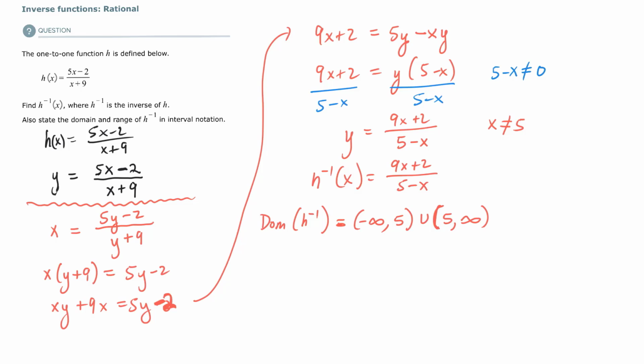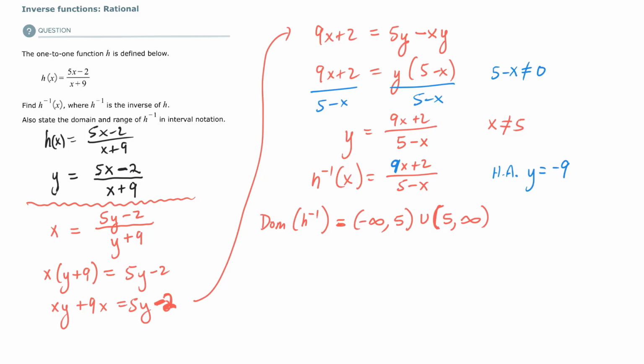So keep in mind there is a horizontal asymptote here. The horizontal asymptote for the inverse of h is y equals negative 9. And you can see that because of the coefficients right there. Now I'm going to remove that 1. There it goes.